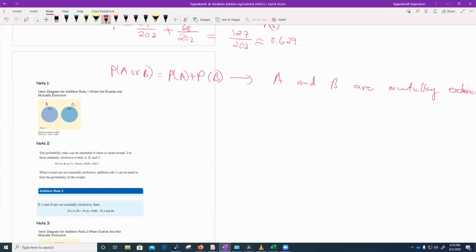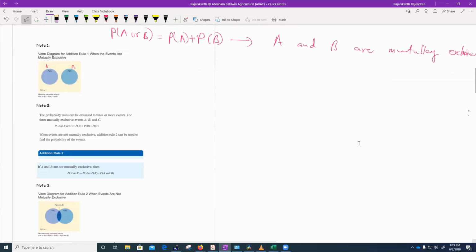Okay, now let's move to the next note. Note number 2. The probability rules can be extended to 3 or more events. Remember, previously I had only 2 events. If you want, you could extend that to 3 or more. Simply follow the same procedure.